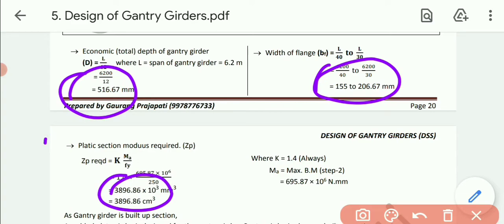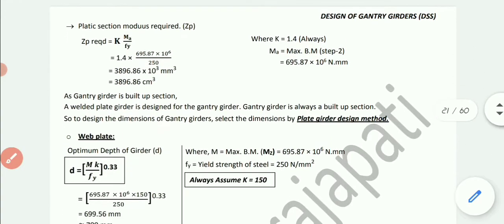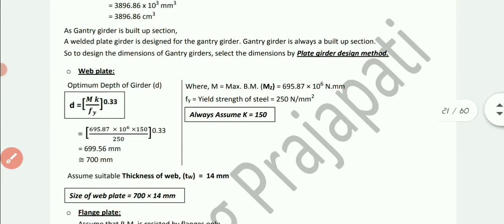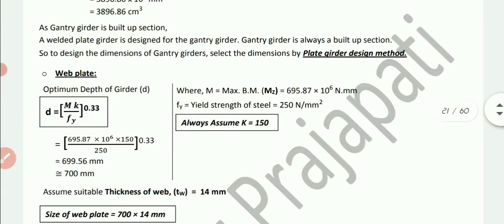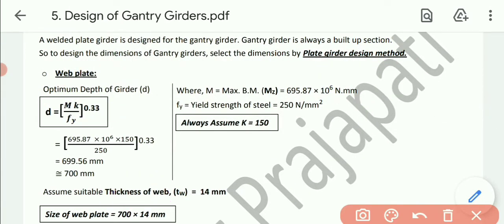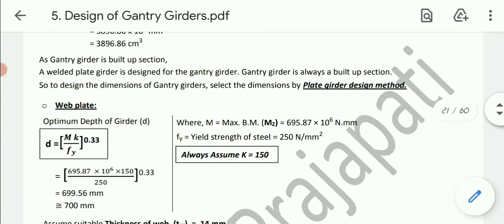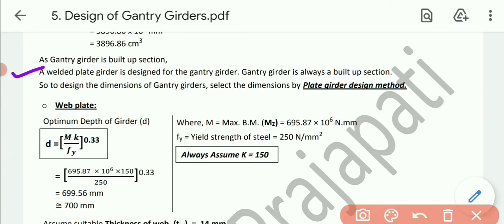So we will design the gantry girder in a similar way to how we selected the section in the case of the plate girder. I am going to select the dimensions of the gantry girder like we were selecting in the plate girder. Just a minute. See, I have given the statement over here: as the gantry girder is a built up section, a welded plate girder is designed for the gantry girder.